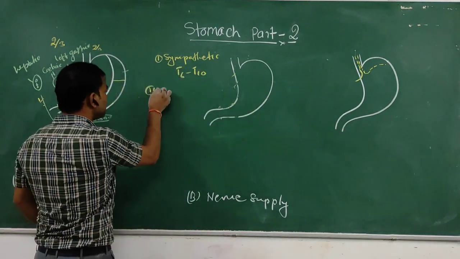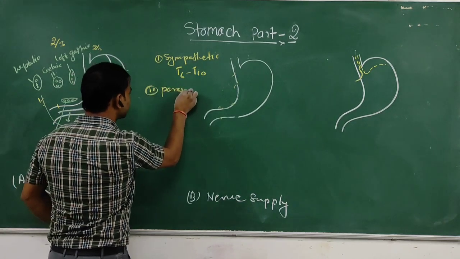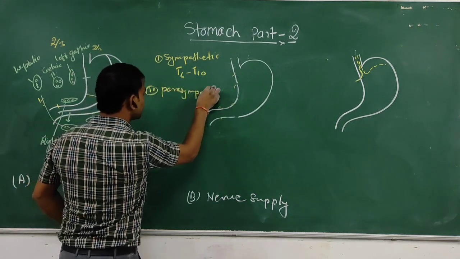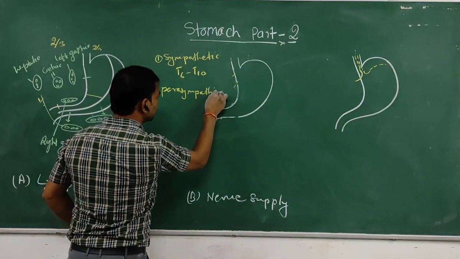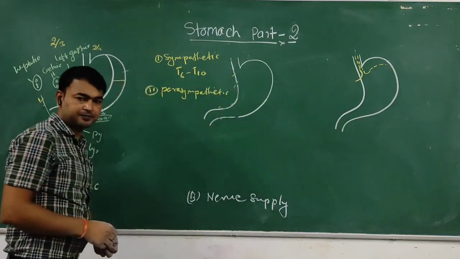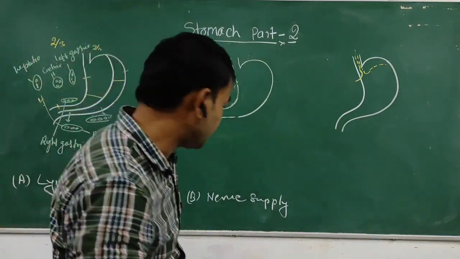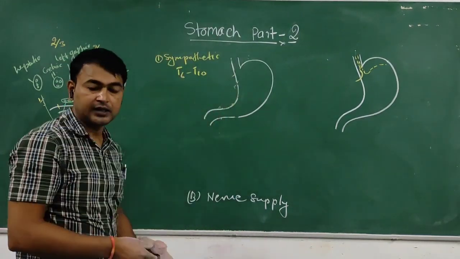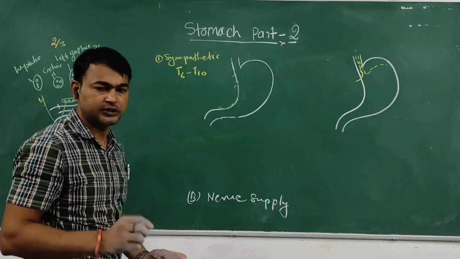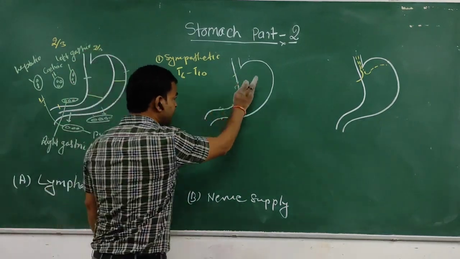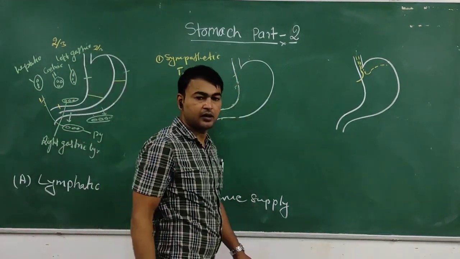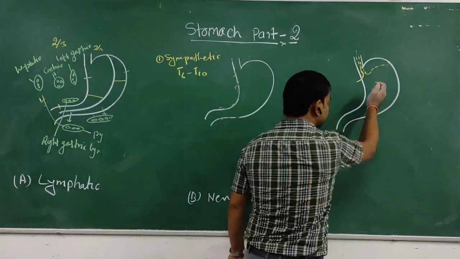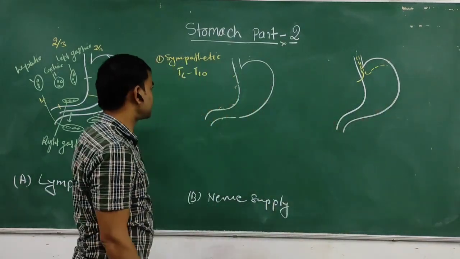Parasympathetic is by the vagus nerve. So the vagus nerve gives two trunks, that is the anterior trunk and the posterior trunk. Anterior trunk supplies the anterior surface of the stomach, posterior trunk supplies the posterior surface of the stomach.